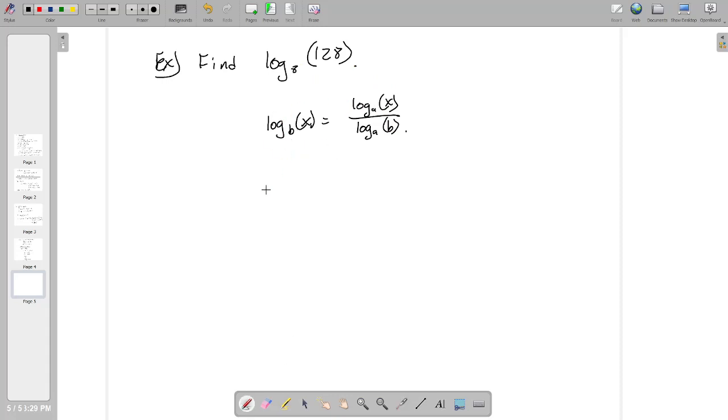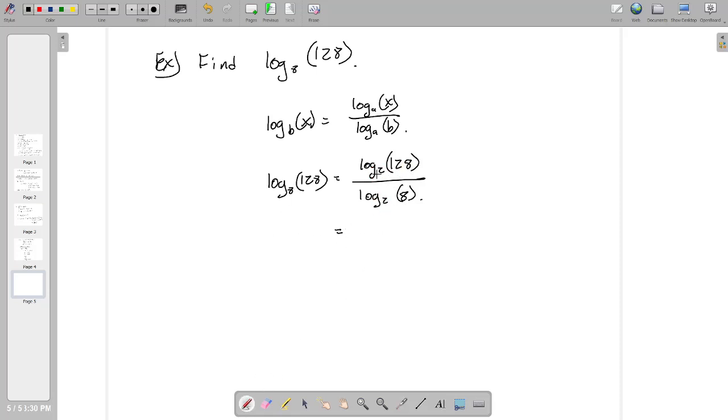So my b is 8, log base 8, my x is 128, is going to be log base 2, because my a is 2, my x is 128, as I said before, and my b is 8. So we have log base 2 of 8 here. This one is efficient because 8 is a power of 2, and so is 128. So actually, both of these will resolve really nicely.